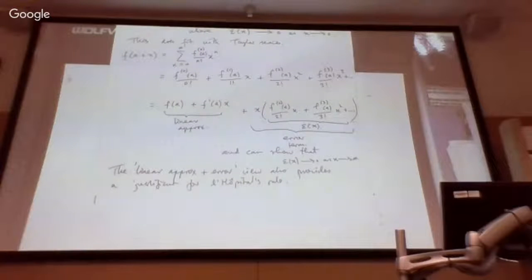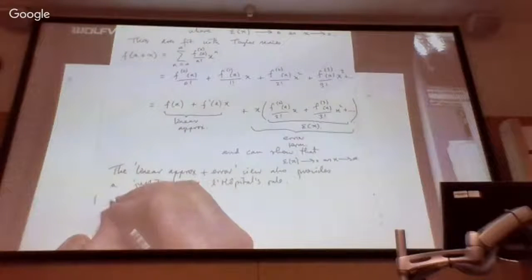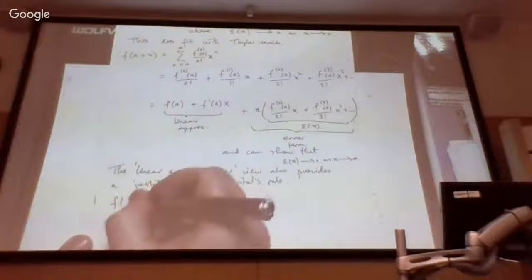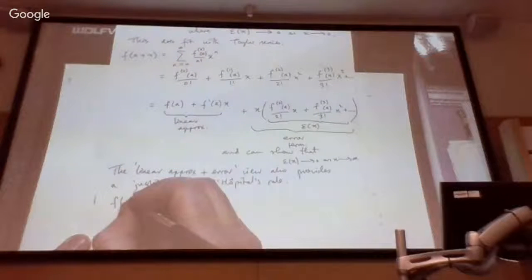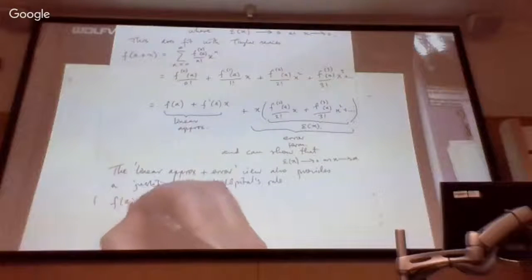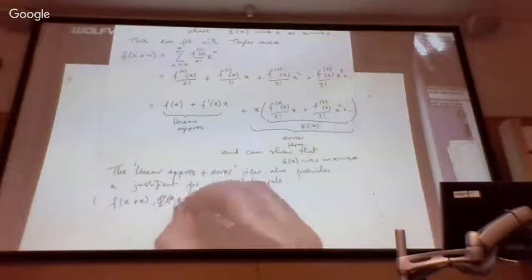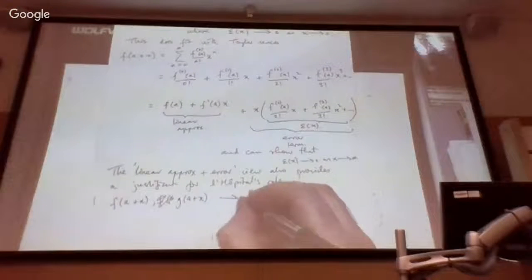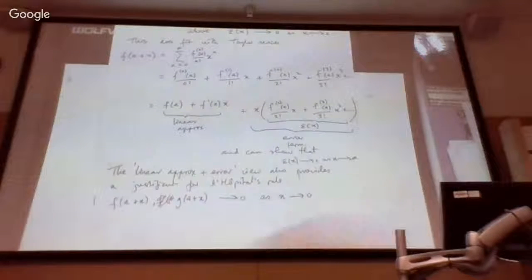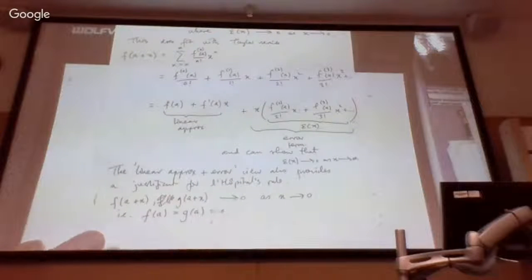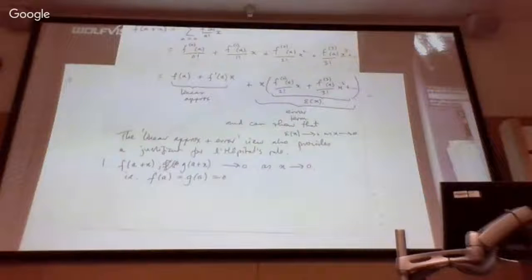Remember, L'Hopital's rule was when we had both f of a plus x and g of a plus x converging to 0 as x converges to 0, i.e., two functions with f of a equal to g of a equal to 0.